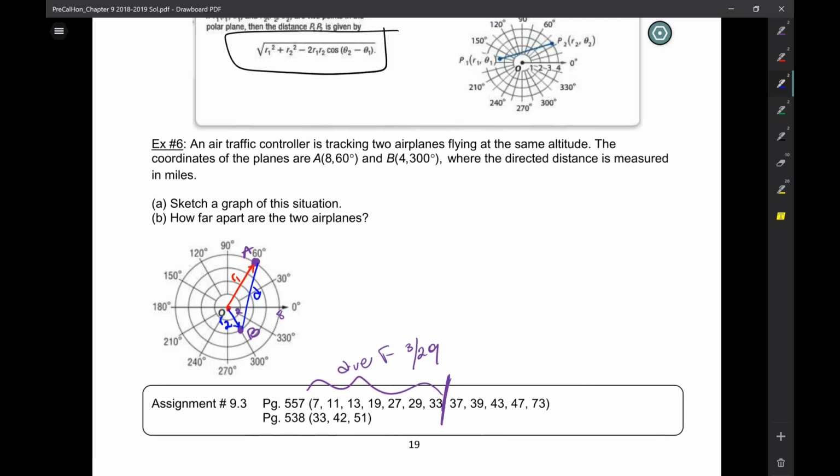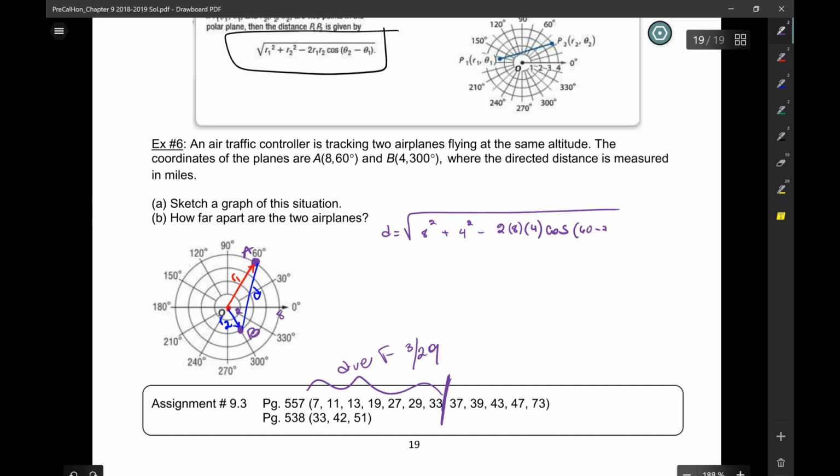So sketch a graph, which we just did. How far apart are the two airplanes? Well, for that, we need to do the distance formula. So that's going to be R1 squared. Don't pull out your calculators just yet. R1 squared, which is 8 squared, plus R2 squared, which is 4 squared, minus 2 R1 R2 cosine of 1 minus 2.